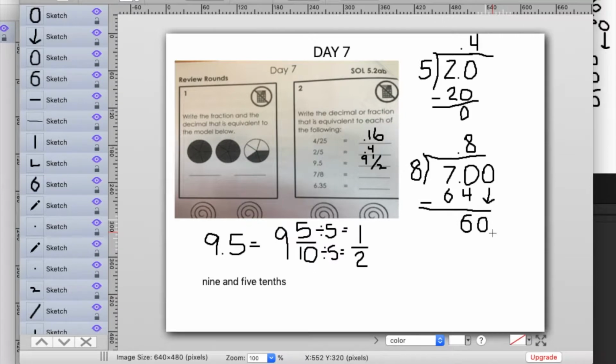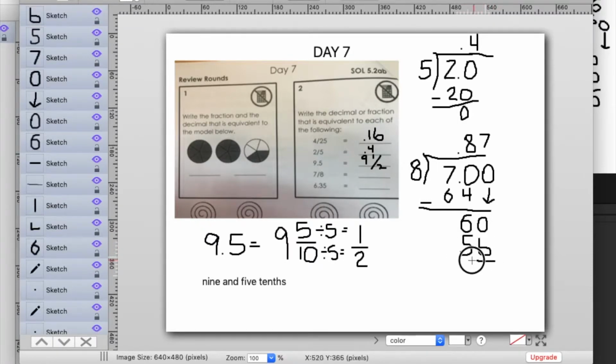Again, I got to skip count my 8s. I've got 8, 16, 24, 32, 40, 48, 56. If I go again, I go over 60. So I just skip counted up to 7 times. So 7 times 8 is 56.